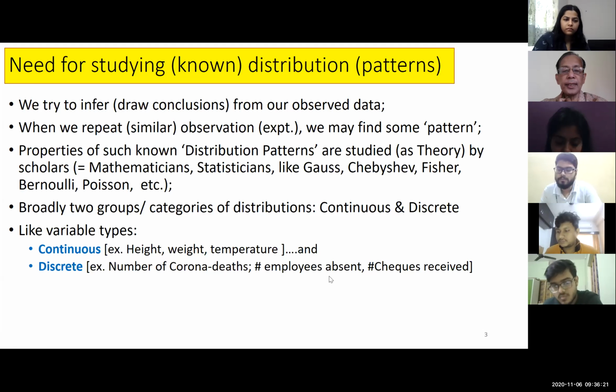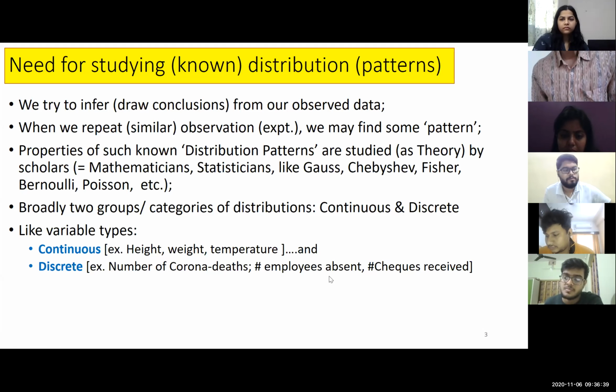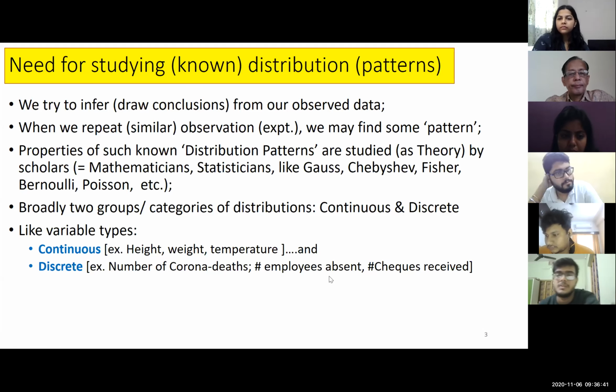Any volunteer, Suyasi? Yes, continuous as in the decimal point, it can be in decimals, like height, like 5 feet 4 inches, and discrete as in the whole number. Anybody would like to supplement?